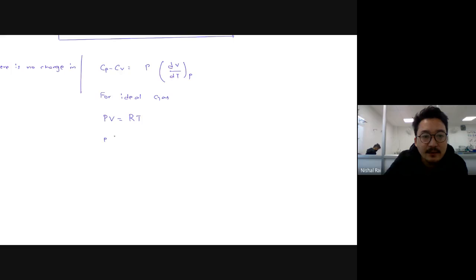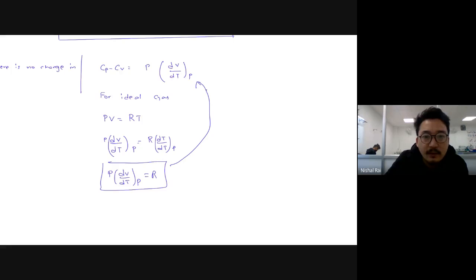Let's differentiate this with respect to T at constant pressure. Pressure is constant, so it comes out. So it will be R, differentiation of temperature will be 1. So P into dV by dT is basically R. If you substitute this over here, then what we'll get? Cp minus Cv is basically R.